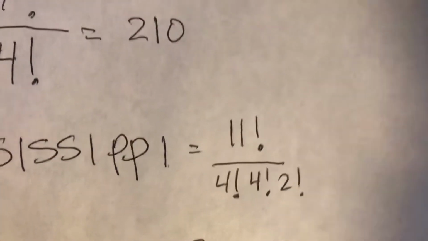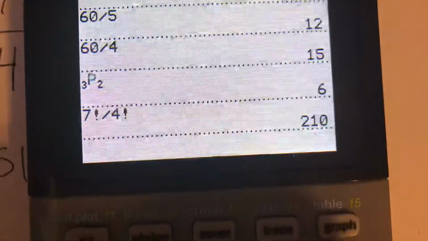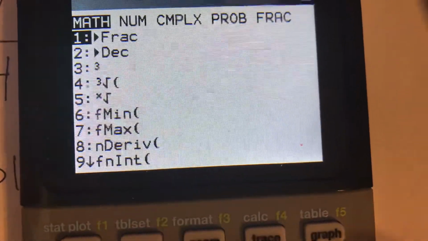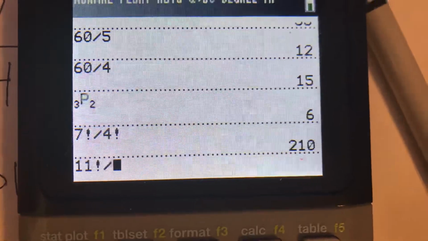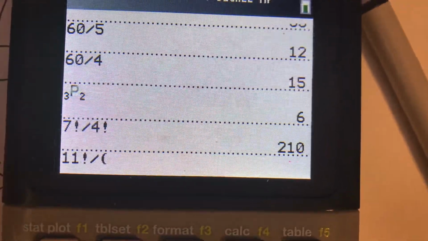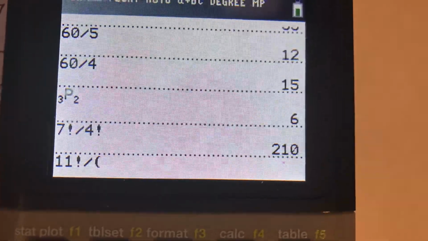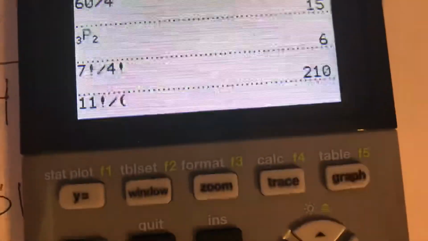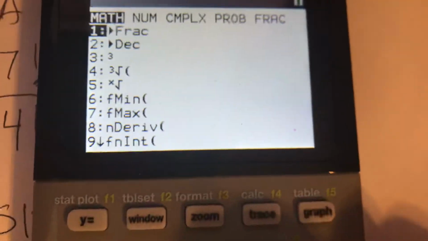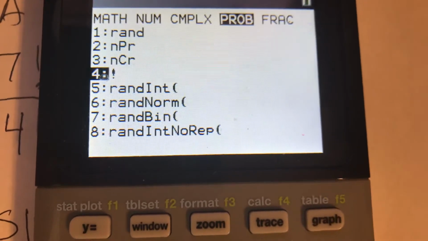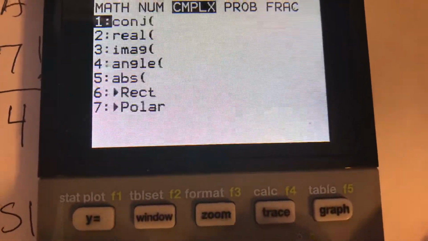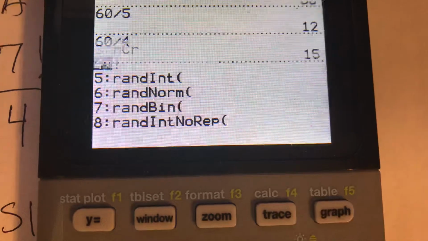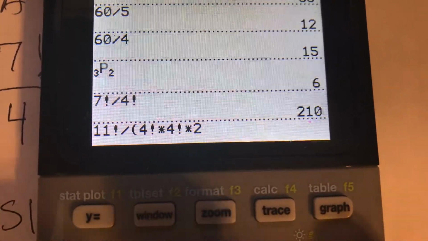So we would do 11 factorial divided by, now when you have multiple entries in your denominator, you want to separate this inside its own parentheses, 4 factorial times 4 factorial times 2 factorial.